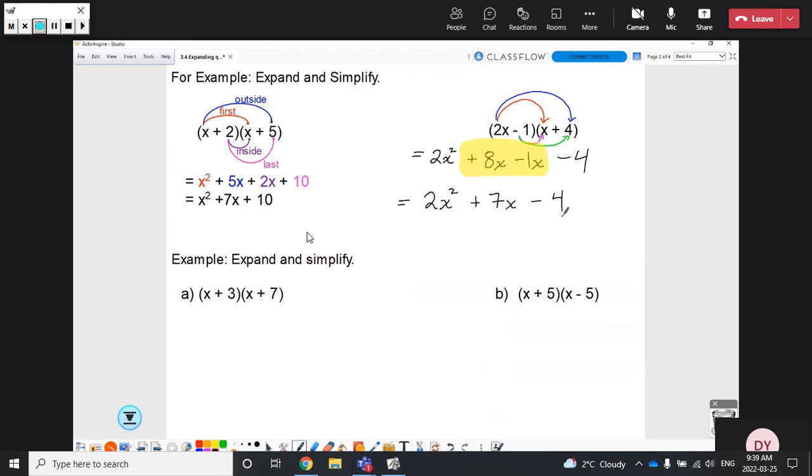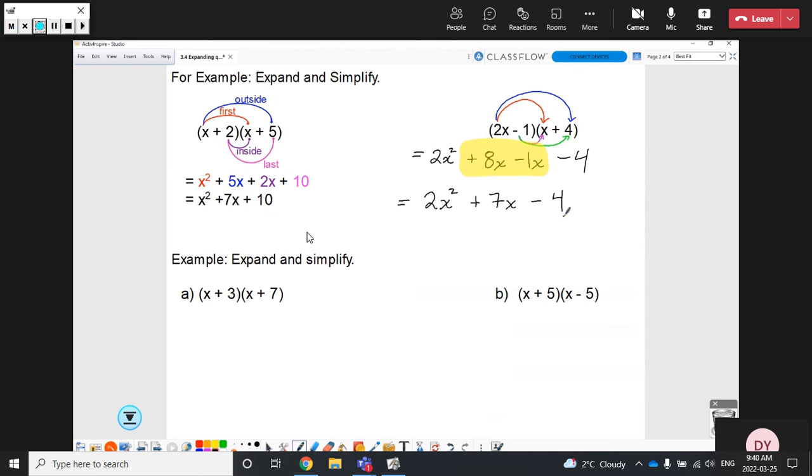Now, if you look closely at this thing right here and this thing right here, what quadratic form do these look like they're in? Yeah, they look like they're in factored form. And when we use FOIL and then expand and simplify these things, what form do they turn into?